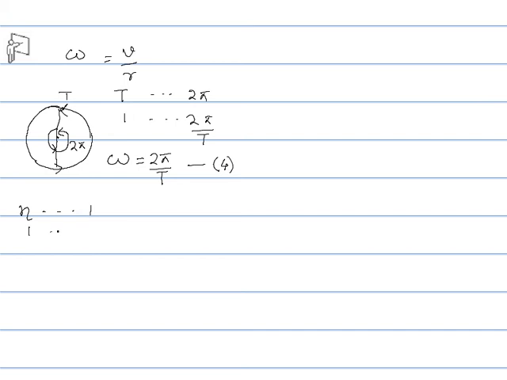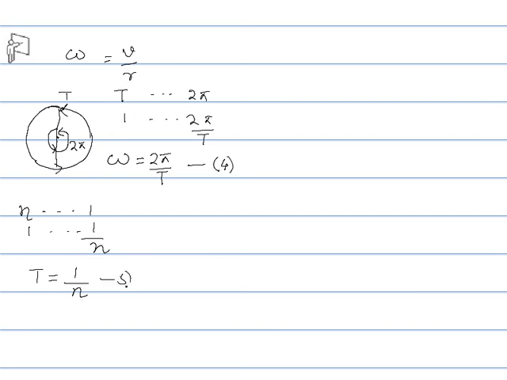So one rotation takes 1 by n second, but you know that the time taken for completing one rotation is the time period. So T is 1 by n. So time period and frequency are inversely related.